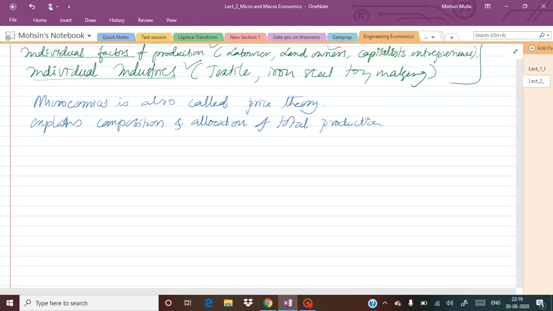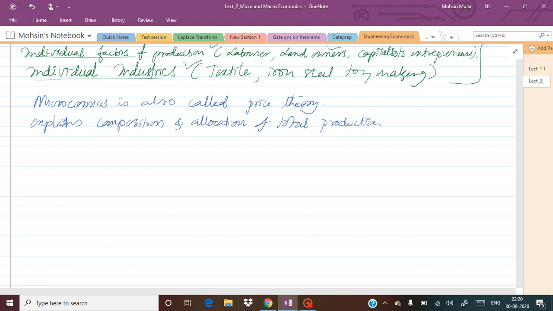It doesn't bother whether one product is produced in a larger or smaller quantity, only the overall production level. That is the macroeconomic level. I hope you are able to understand the basic difference between microeconomics or price theory and macroeconomics.